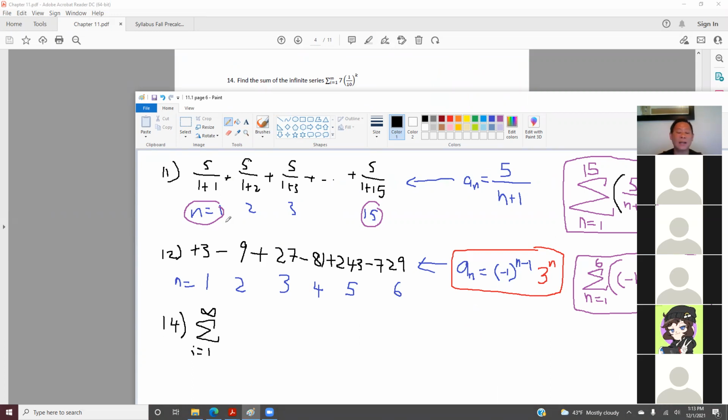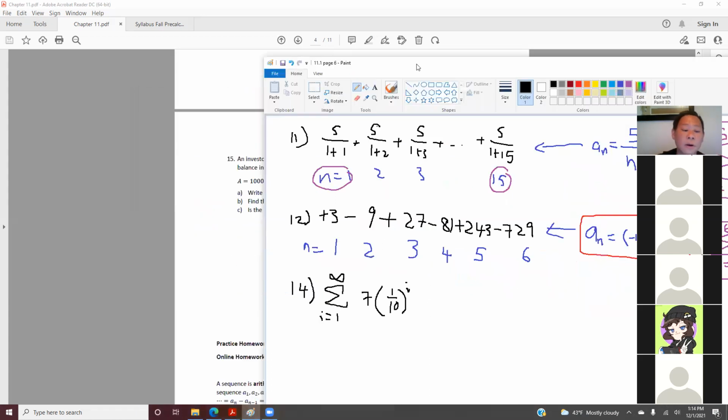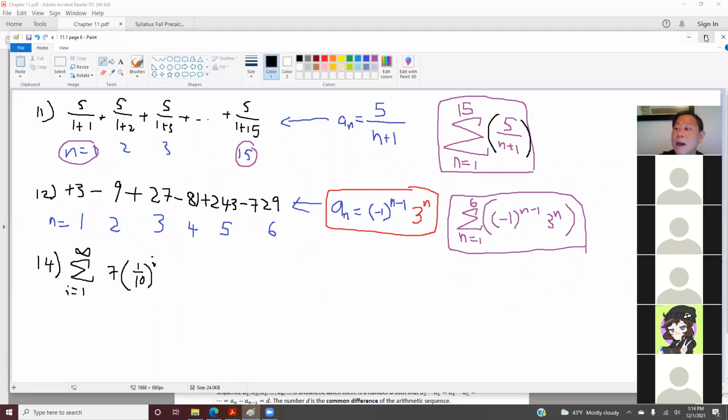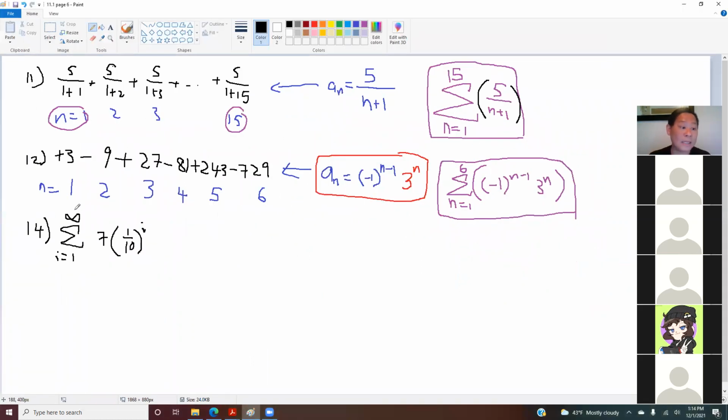Last one is number 14. They want you to find the sum of this. Okay, it's not k, it should be i. It should be a typo there, because the term here is i. So it's i in this case. So you have to find the sum of this. In order for us to find the sum, don't forget, this sum goes to infinity.